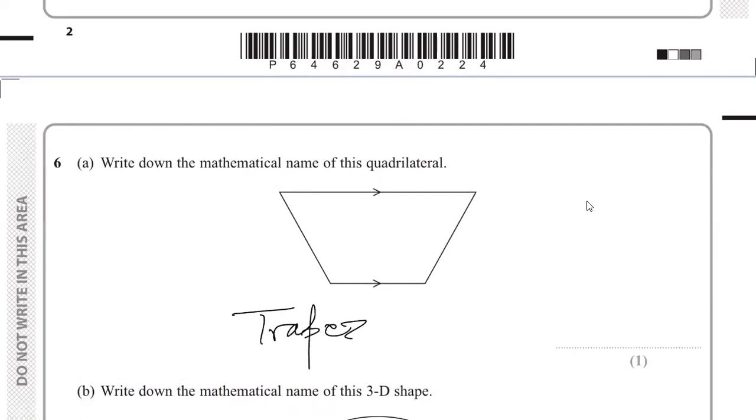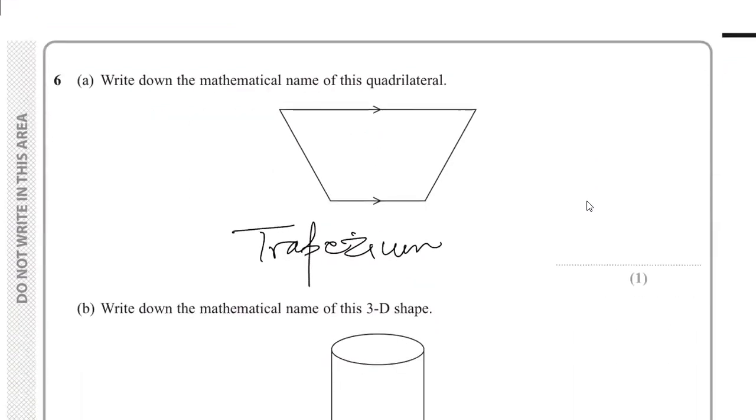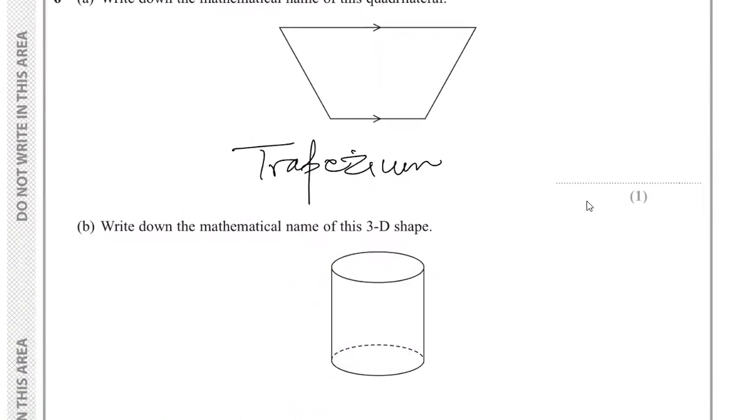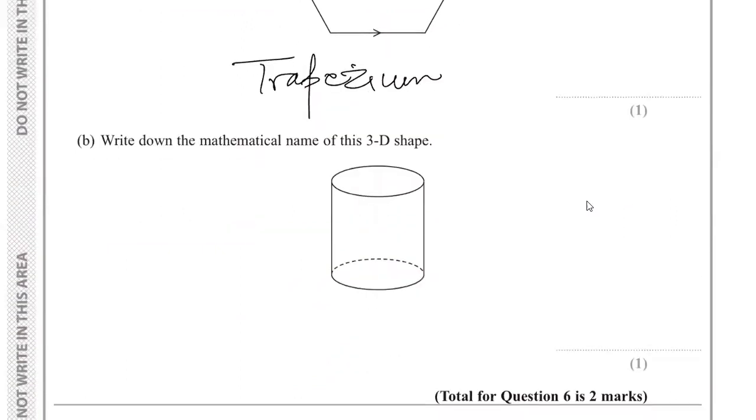And B says, write down the name of the mathematical 3D shape. Now this one is a cylinder. Alright, so it's a cylinder, circular base.